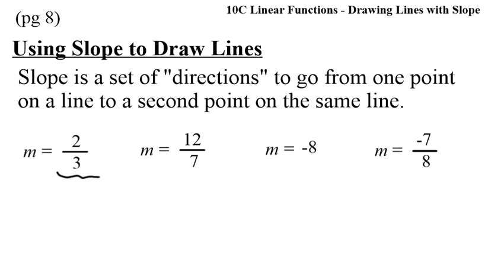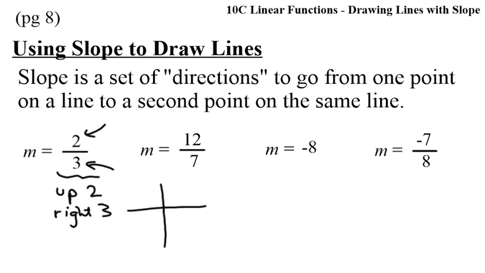Well, a slope of 2 over 3, a rise of 2 would mean up 2. A run of 3 would be right 3. So if I had a point, any point, I could go up 2 and right 3. And there would be a new point.